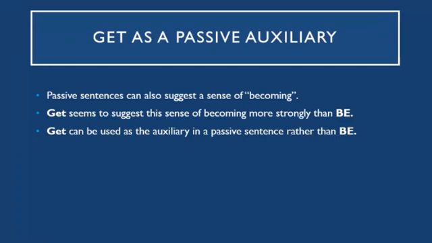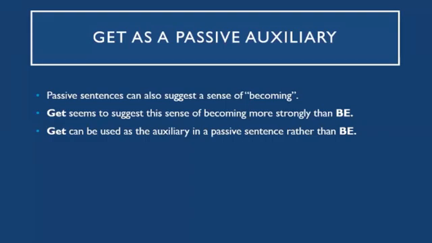Something else. Usually we have be as the passive auxiliary, but in English we can find the verb get as the passive auxiliary. She's getting frustrated. You could say that. She gets frustrated by so much information.